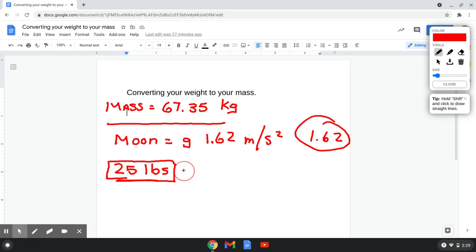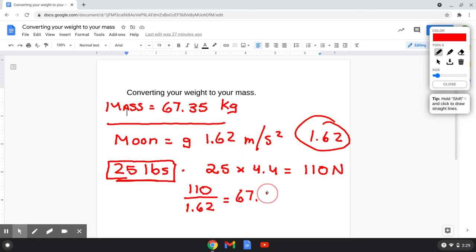We convert 25 pounds to newtons: 25 times 4.4 gives roughly 110 newtons. Then we take 110 newtons divided by 1.62, and we get about 67.9. We're off a little bit because we rounded, but you can see it's the same mass, 67, 67. That's how we get mass from our weight.